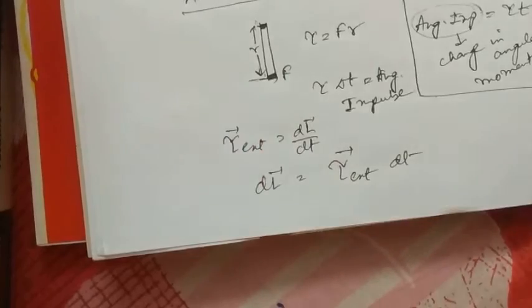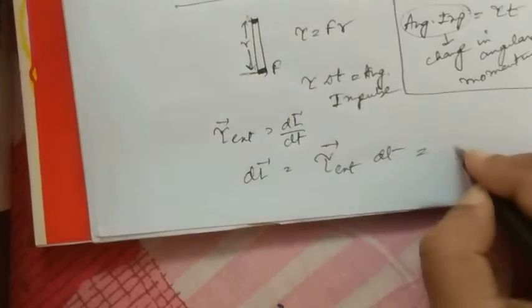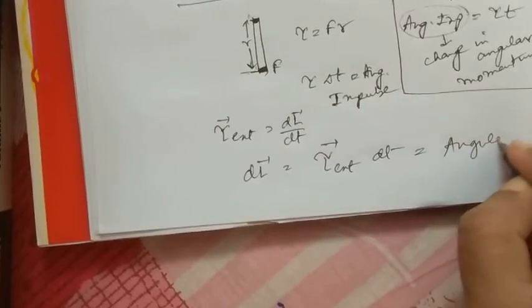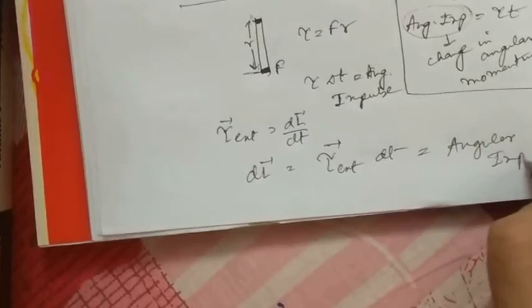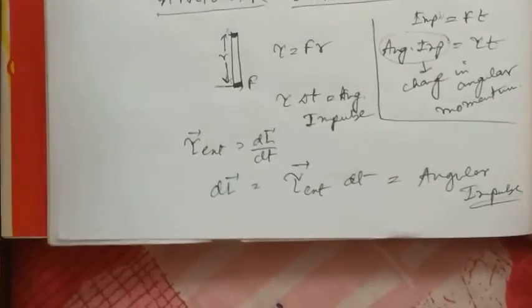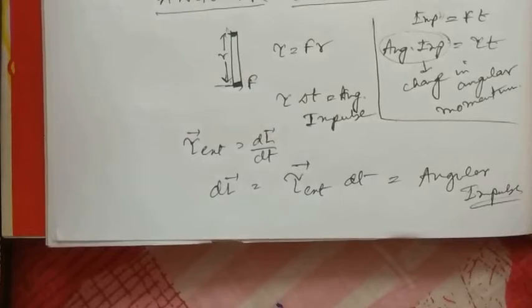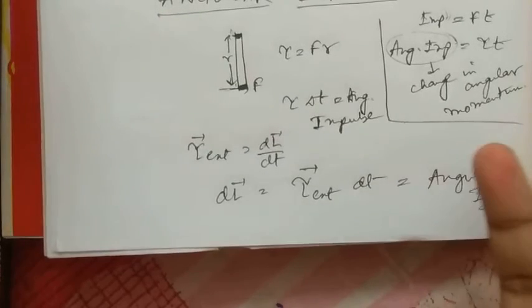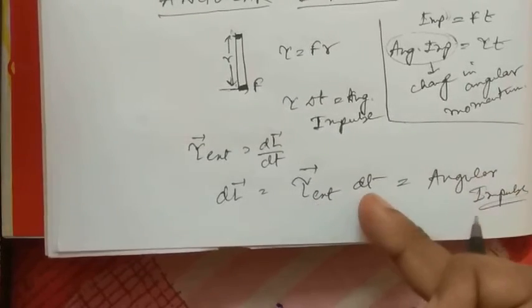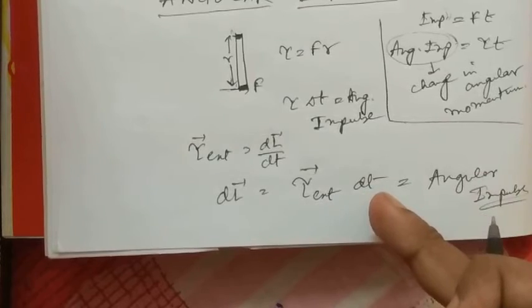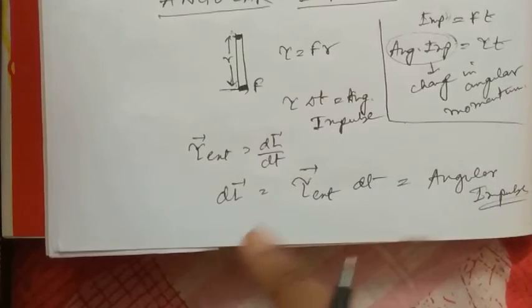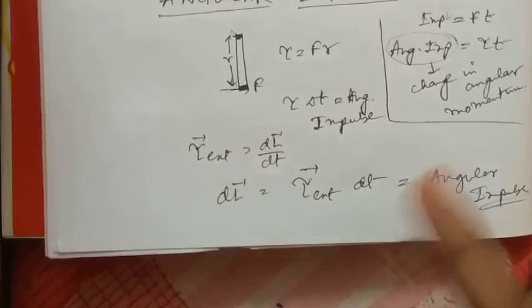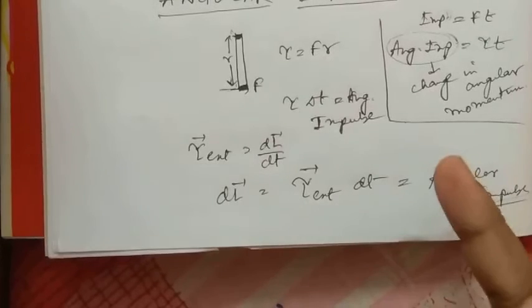This is known as the angular impulse. So if we are asked to find the angular impulse, we can do it in two ways: either tau external into the time taken, or the change in angular momentum.